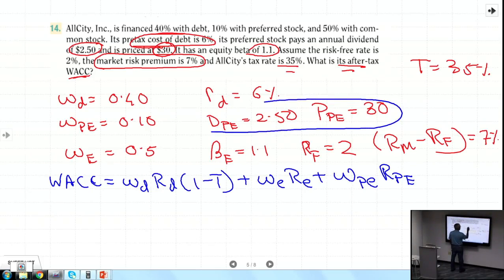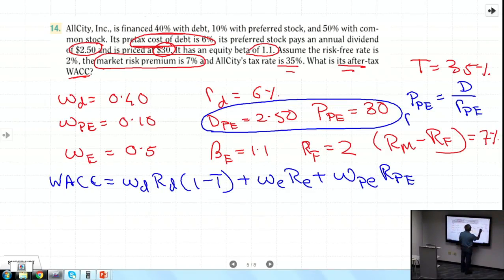We have to calculate the cost of preferred equity. Price of preferred stock is dividend divided by cost of preferred stock. So we can calculate RPE as D over stock price. So the cost of preferred equity would be 2.50 divided by 30, which is 8.33%.